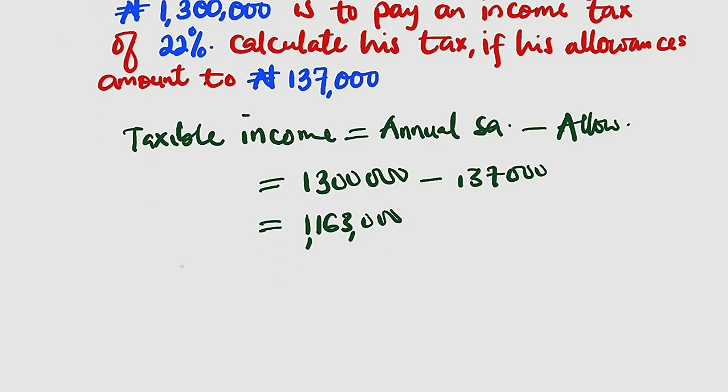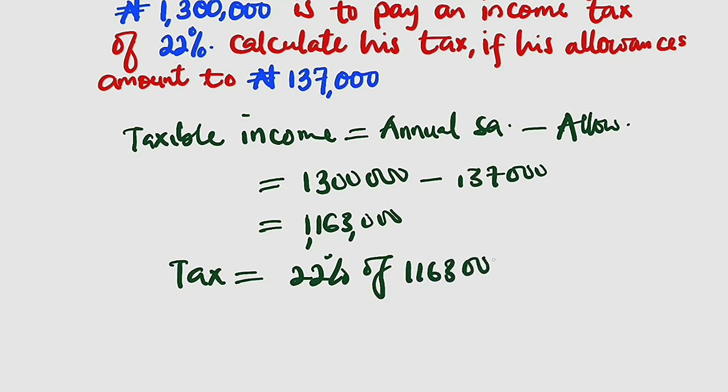So to find the tax paid, tax will be equal to 22% according to the question of this amount, 1,163,000. This will be 22 divided by 100 multiplied by 1.163 million.